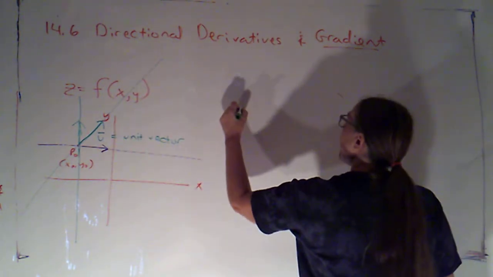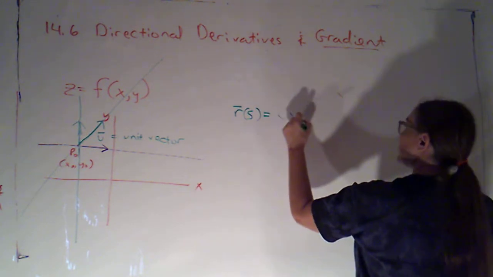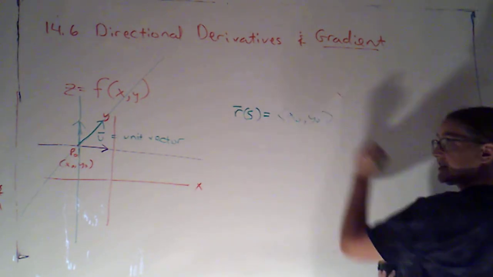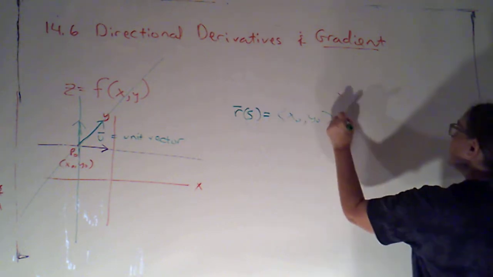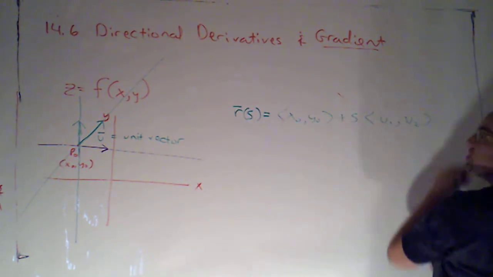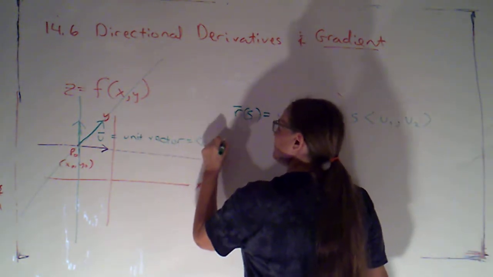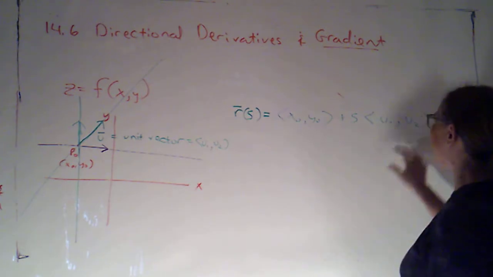So I can say r of s would be (x naught, y naught). That's my starting point written as a vector, plus s copies of (u1, u2). So the components of u will, very creatively, be u1 and u2.